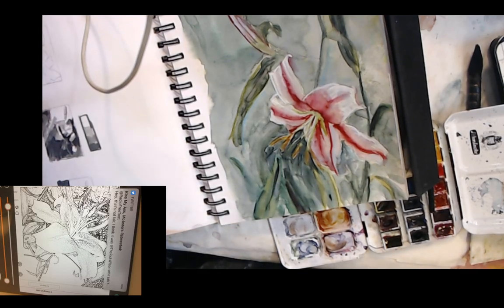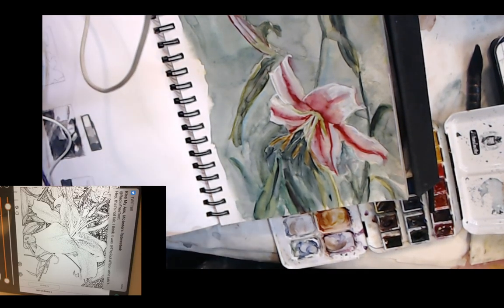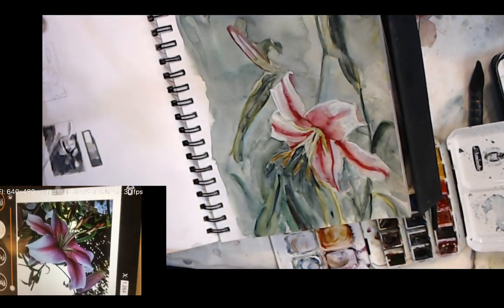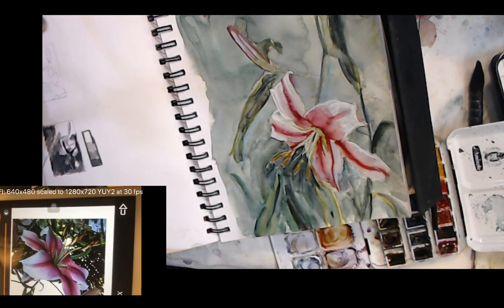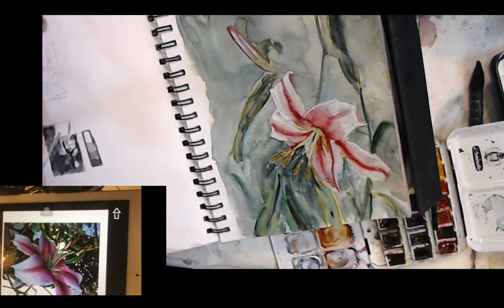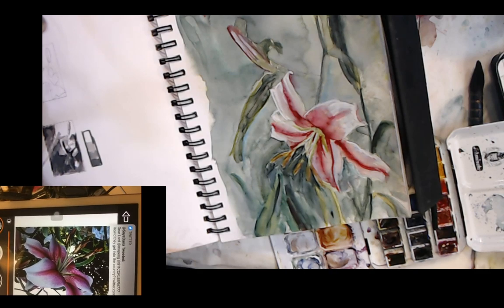Low battery. That plug doesn't work. Go away, close. Now I'm seeing a pink flower on the screen.